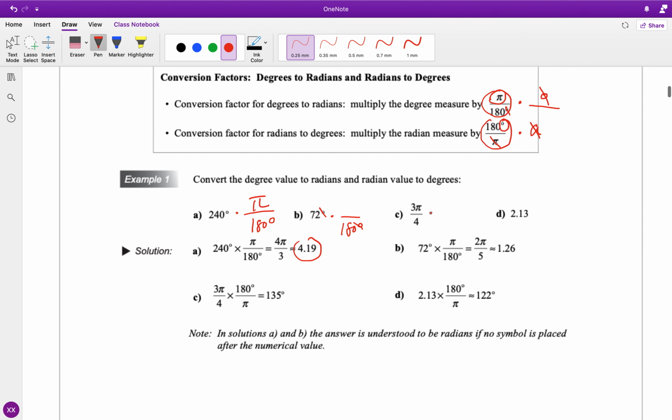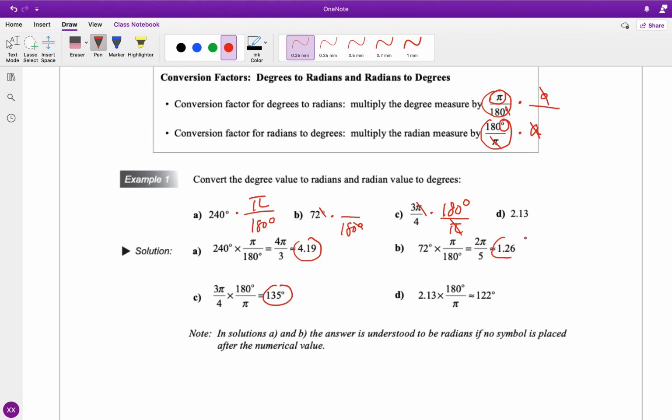Well, then the degree has to be at the very end, so that is on the top. And then here's my pi, and this pi cancels. So then I just multiply 3/4 by 180 degrees, cancel things, and you get this degree here.